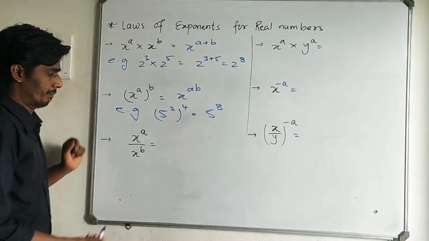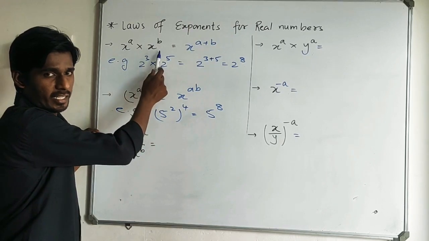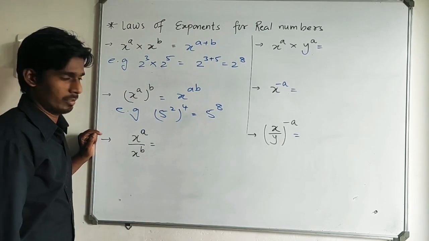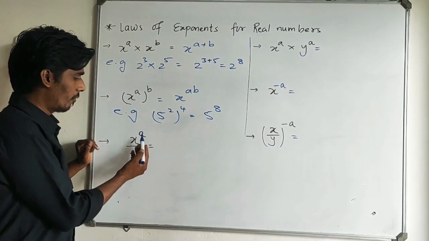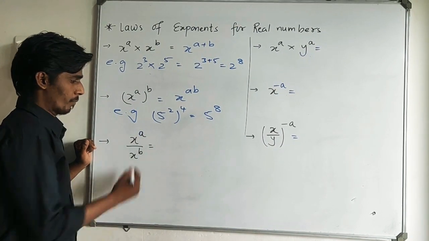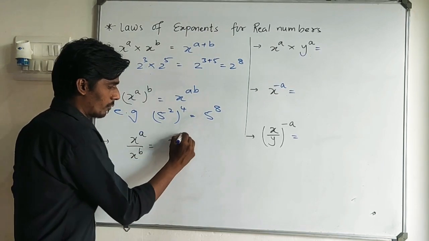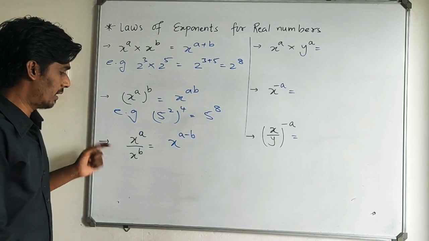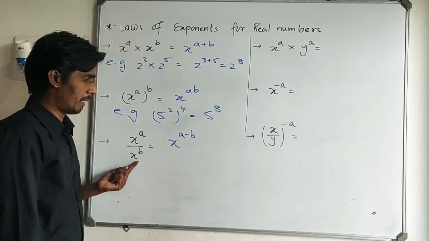Similarly now x raised to a divided by x raised to b, यहाँ पे multiplication था, here it is what? Division. Now in division two possibilities are there, depending on the value of a and b. So here I can write x raised to a minus b. If I take this b power to the numerator, वो क्या हो जाएगा? Subtract.